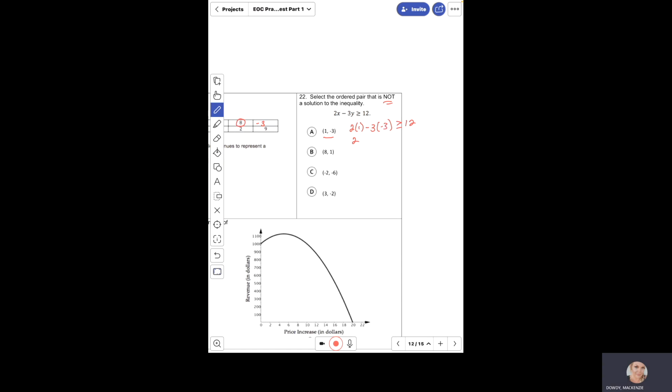So -3 times -3 is +9, greater than or equal to 12. 2 plus 9 is 11, greater than or equal to 12. 11 is not greater than 12, and 11 is not the same thing as 12. So that is not a true statement. It's not a solution. That would be our answer. So we got lucky. On our first try, A was our answer.